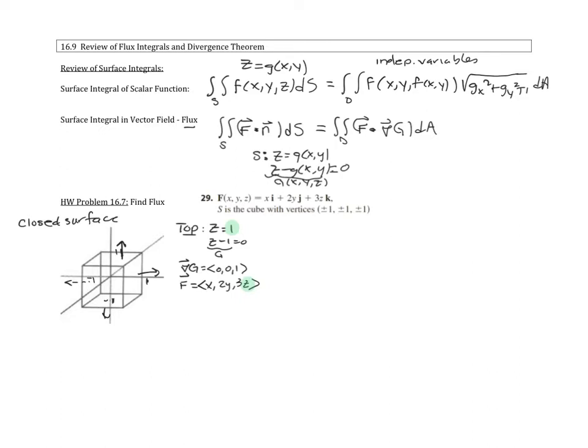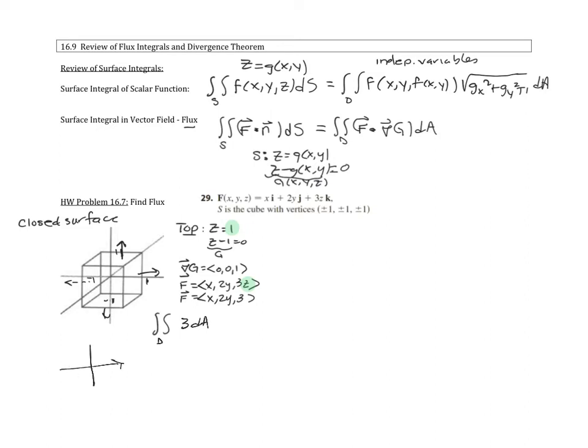And so our F is x, 2y, 3 times 1. And so when we take the dot product of F and that gradient, we're going to get 0, 0, 3. We're going to get 3 dA over D, where D is the projection in the xy plane.